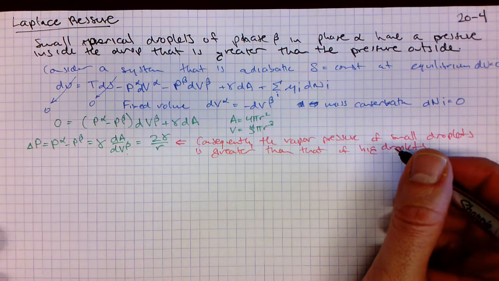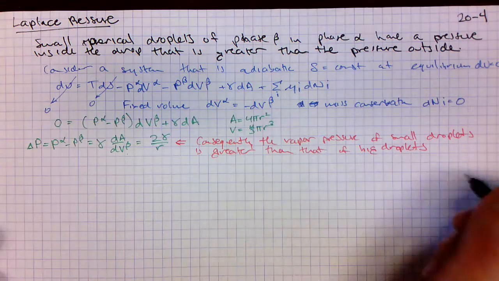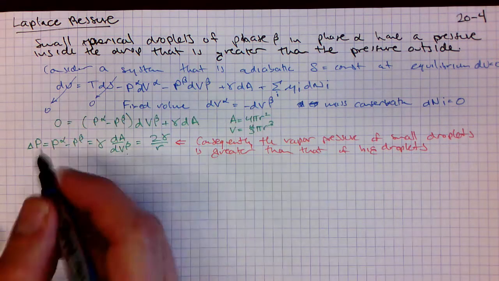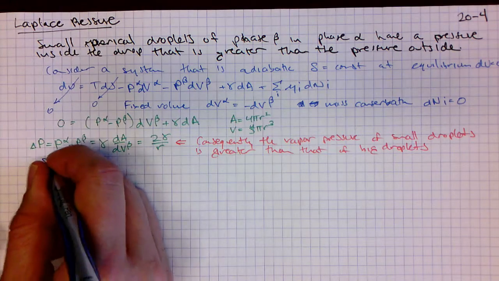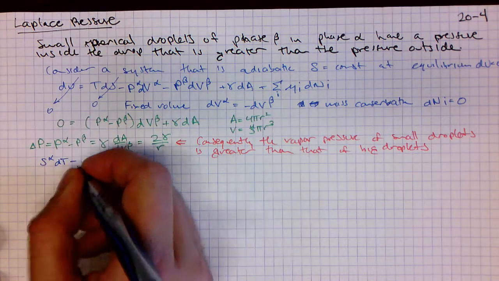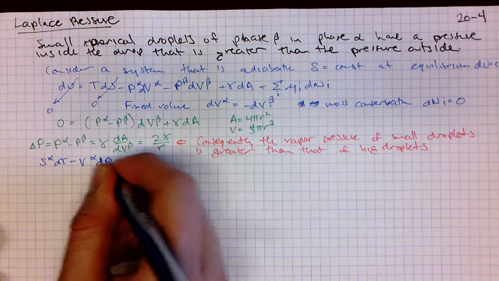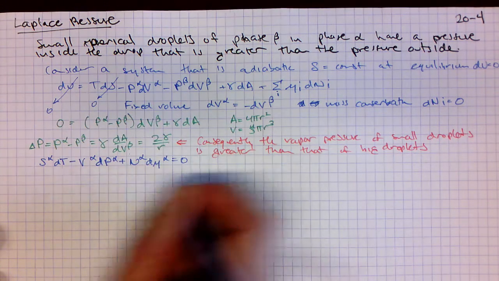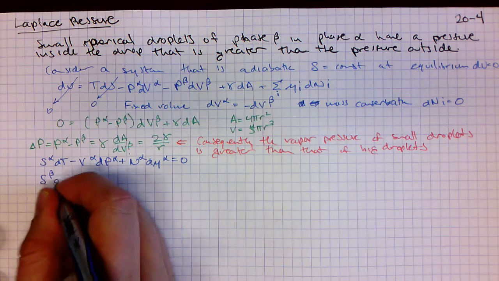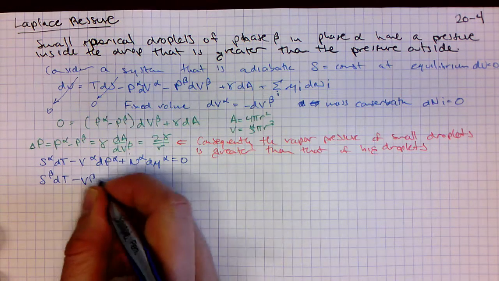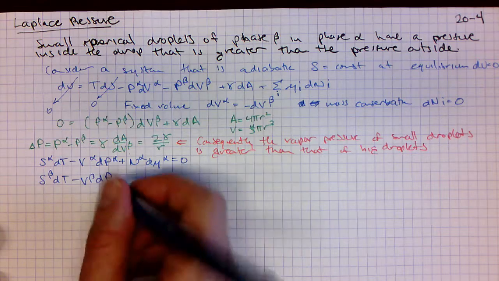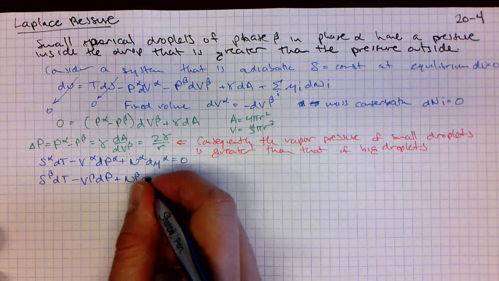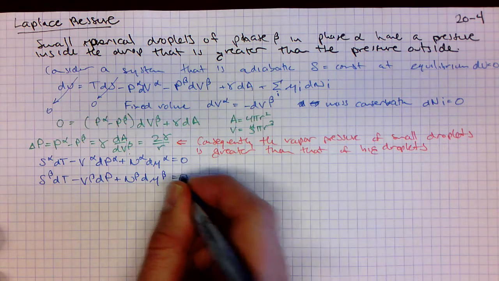So now let's think about the thermodynamic equations that apply inside and outside the droplet. So we have S alpha dT minus V alpha dP alpha plus N alpha d mu alpha equals 0. We have S beta dT minus V beta dP beta, and so on. So here we're writing down our Gibbs-Duhem equations inside and outside the droplet.